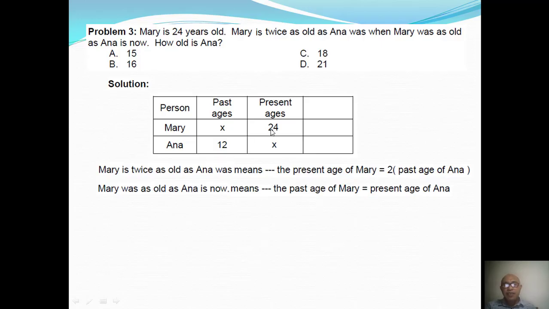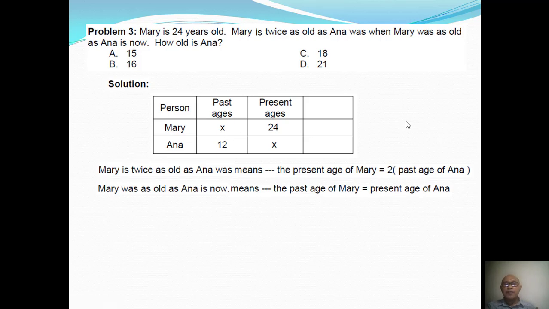So Mary is twice as old as Anna was when Mary was as old as Anna is now. Okay, so that's it.